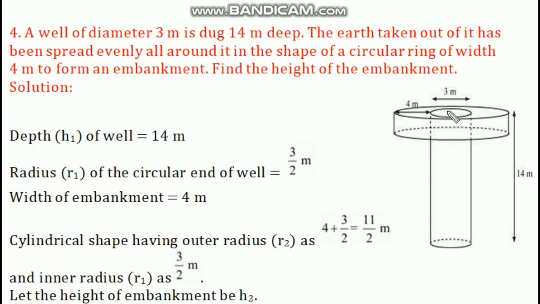Subtract: pi into r2 square minus r1 square, or the volume of the cylinder minus the volume of this center part, the center part of the cylinder.